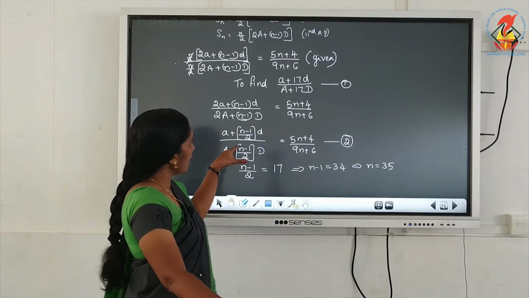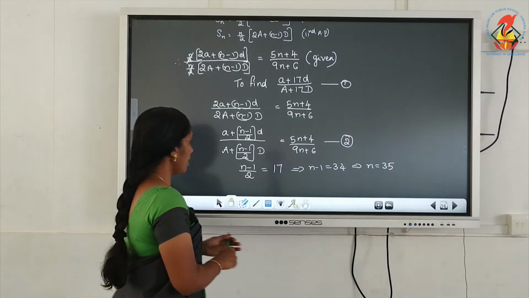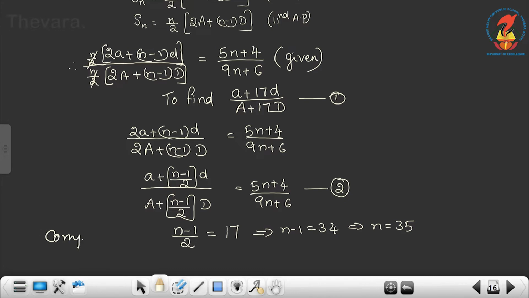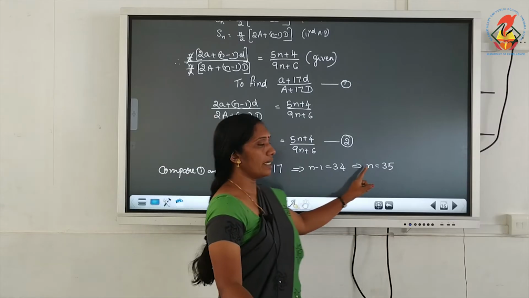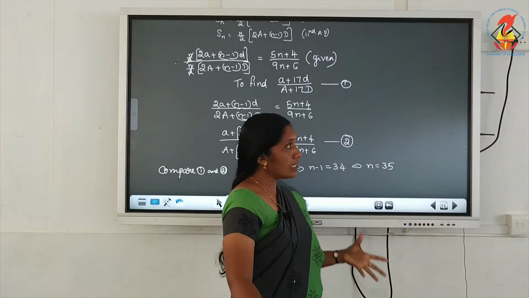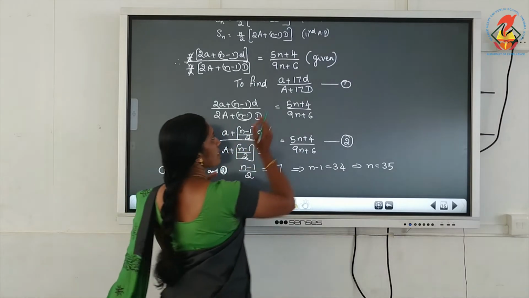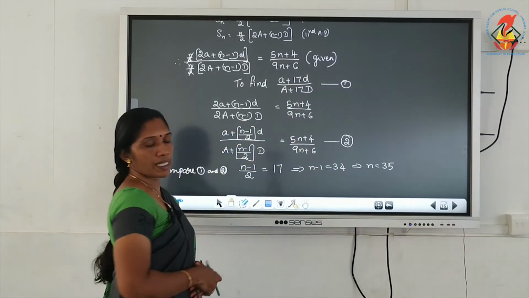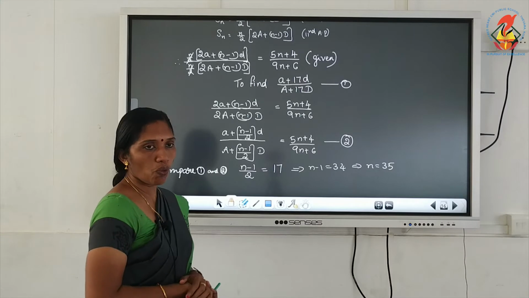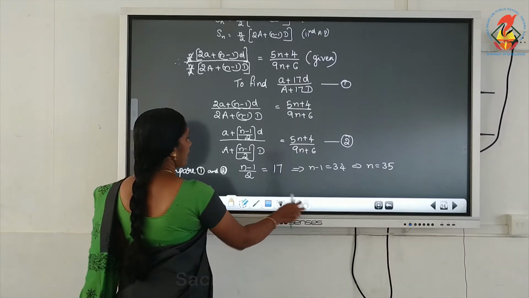So we compare the second and first expressions. Compare 1 and 2. So from that we get n is 35. So when n is 35, the second expression reduces to 1. So I can write that.